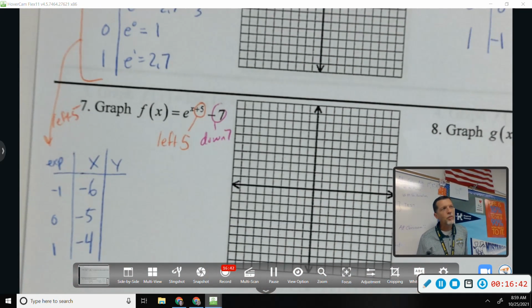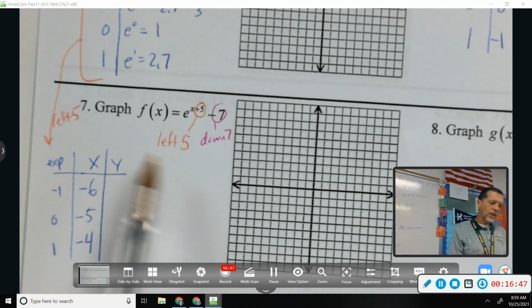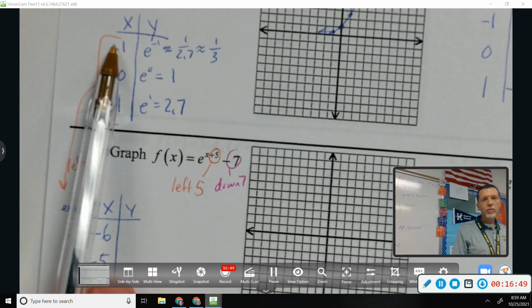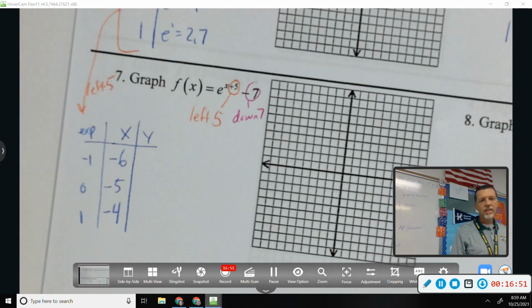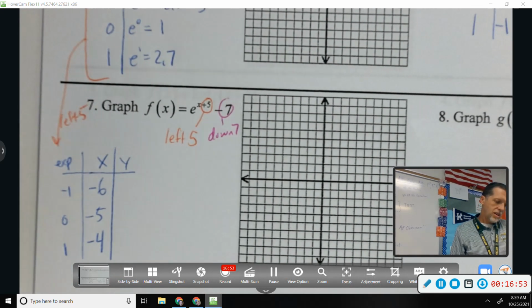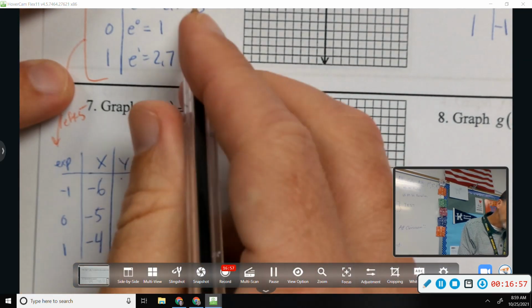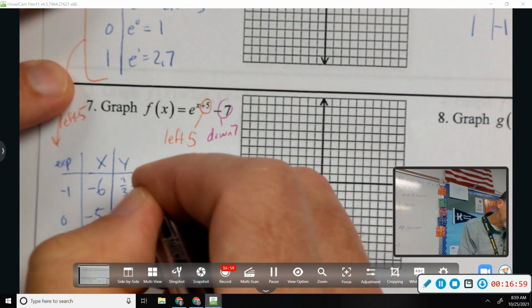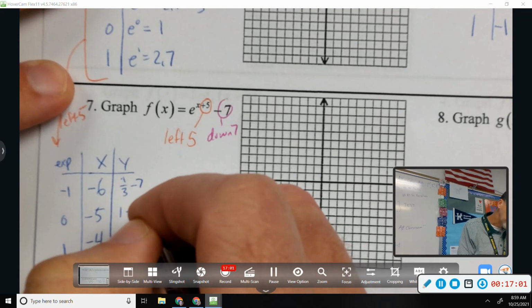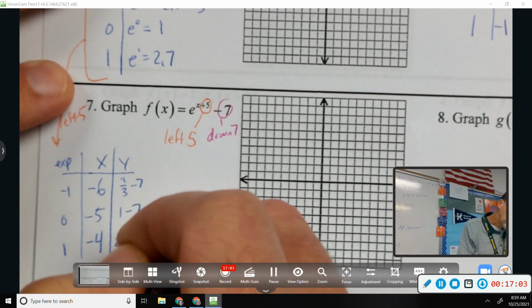You can either think, well, what do I want my exponent to be? Or you can go back to the original and just say, I'm going to shift those points left 5 and then down 7, well, that'd be 1/3 -7, 1 -7, and 2.7 -7.